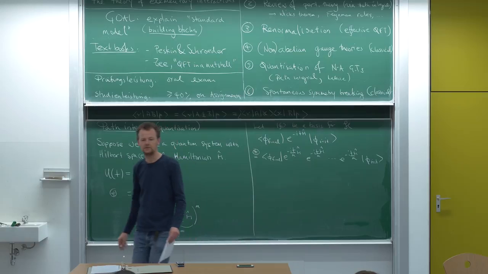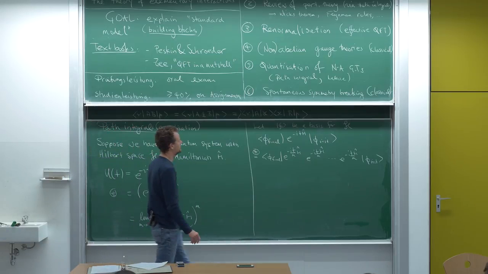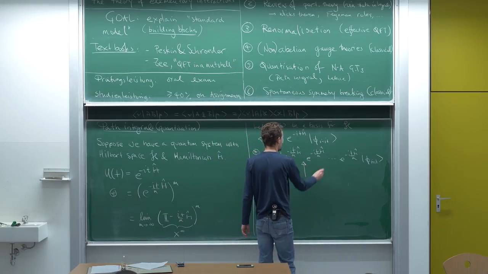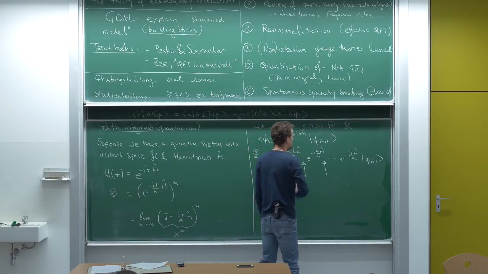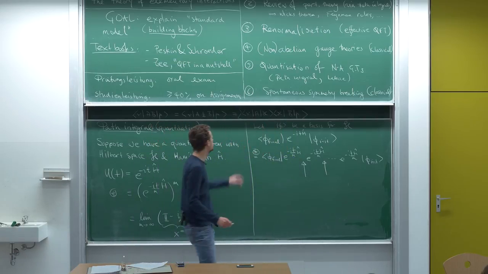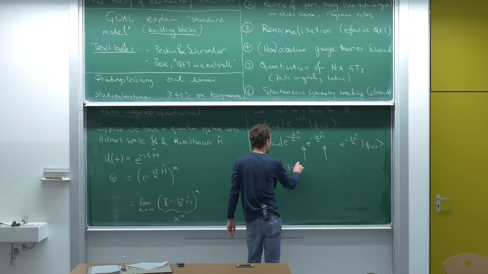So far, so nothing. I just inserted one equation into another. Well, here comes the interesting step. We're going to insert between each exponential here the identity, which doesn't sound very interesting at all, but it's a very interesting identity.